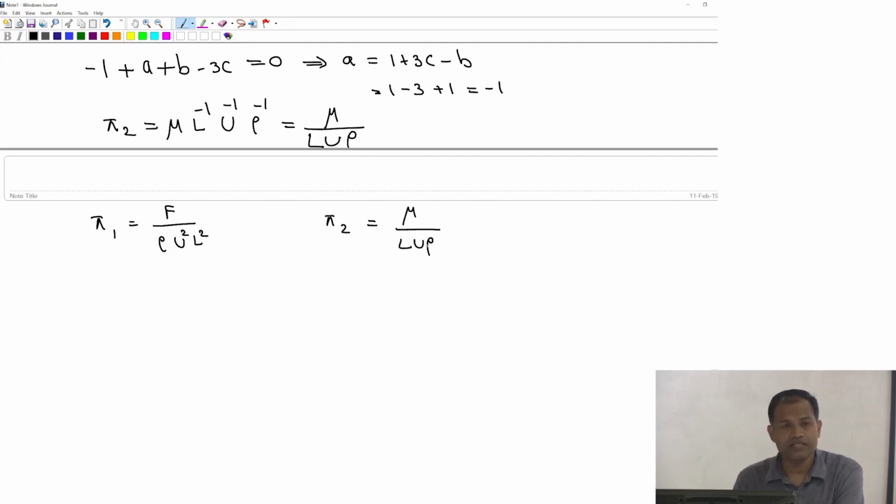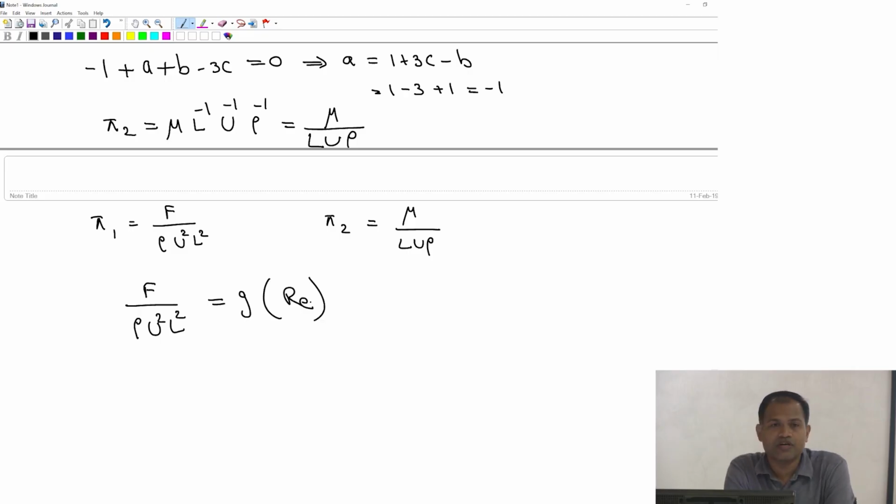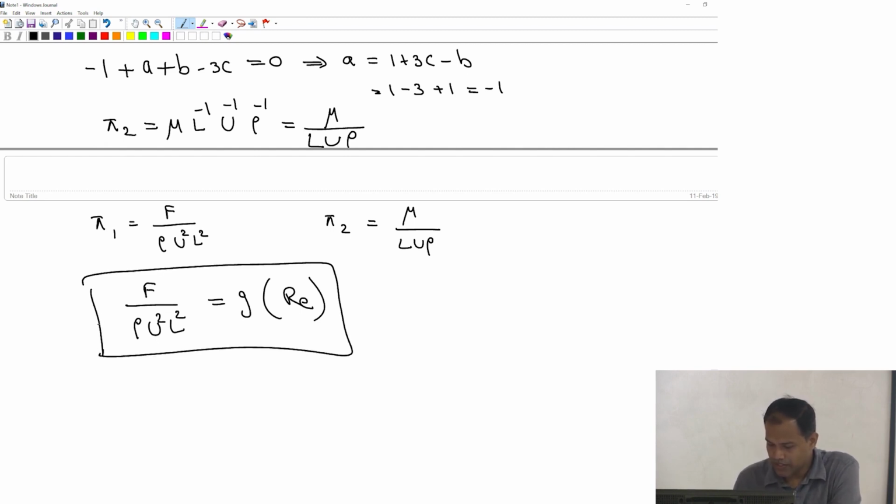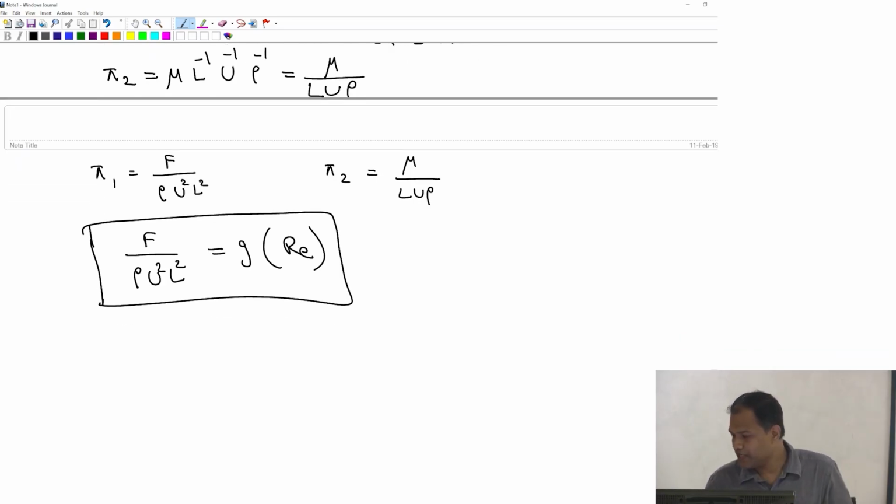Buckingham Pi Theorem says that there exists a relationship between pi 1 and pi 2, which you simply write as f by rho u square L square is some function of Reynolds number, which you do not know what the function is, but you have identified the non-dimensional variables. Okay, so that's the quantity that you get just by analyzing the dimension. So this is one way of doing it.